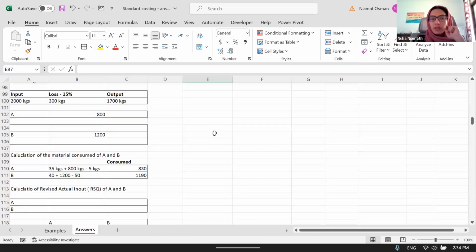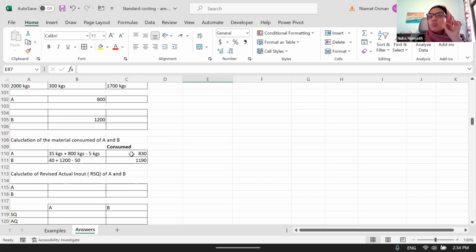Now, what does that mean? Yes, we have consumed 830 kgs, but out of that 830 kgs, 35 kgs has been consumed from the opening stock. So when you are doing costing in your books, at that time, 35 kgs will be used at your standard rate, which is 4 rupees.